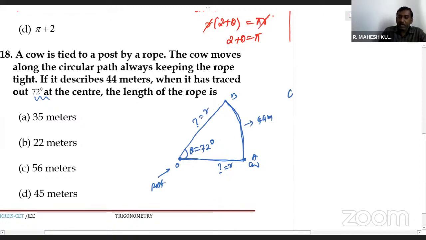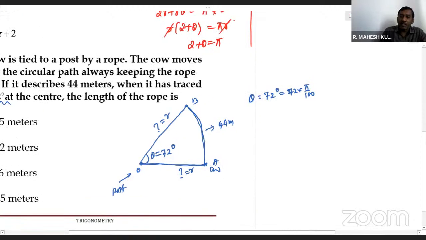Now theta is going to be 72 degrees. We'll put this in radian. It is 72 into pi divided by 180. 36 two times and 36 five times. So it is going to be 2 pi divided by 5. This is theta.